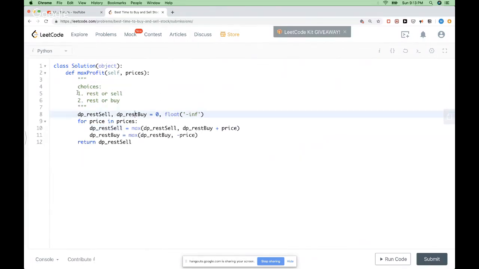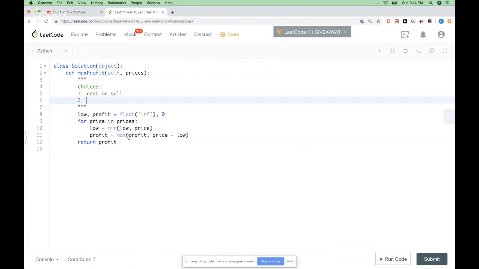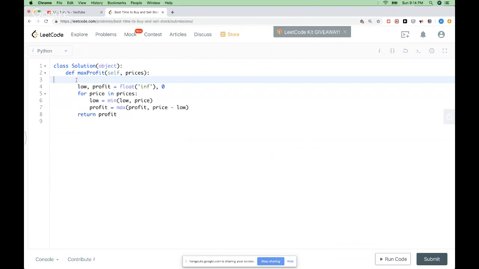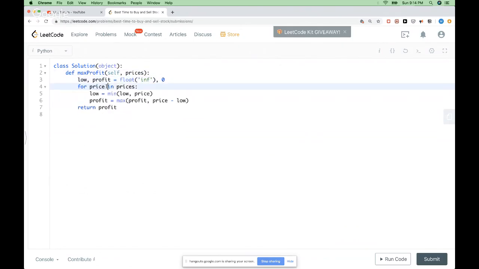So using this previous solution that I did, we can make it shorter. If I go back to the previous solution, which was here, with this solution we can make it shorter. It's just going through the array prices and keeping the min, and always doing the price minus the min, right? And taking the max out of all of these.